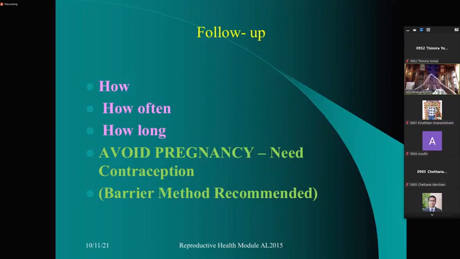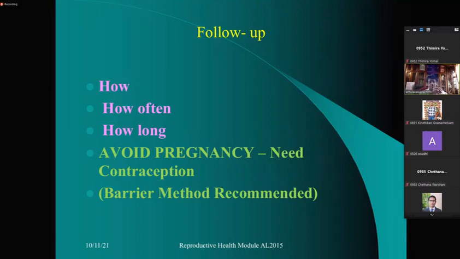Once the beta HCG levels are normal, from there you follow up for about 6 months. Now, why are we following up? We are following up because we have dealt with gestational trophoblastic disease, but it can turn out to be gestational trophoblastic neoplasia, the malignant conditions.